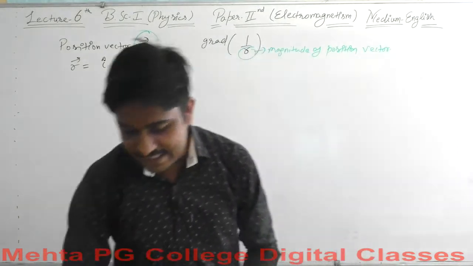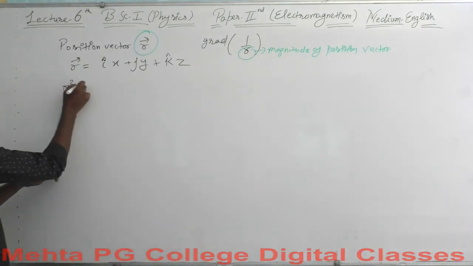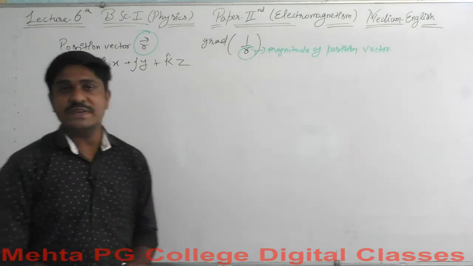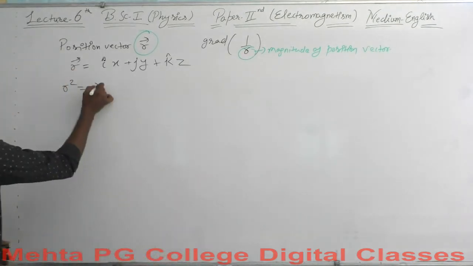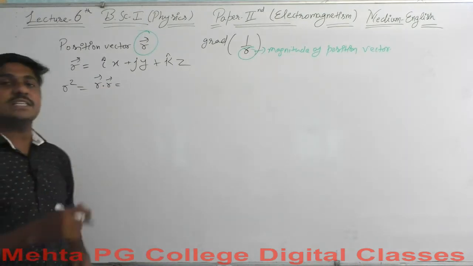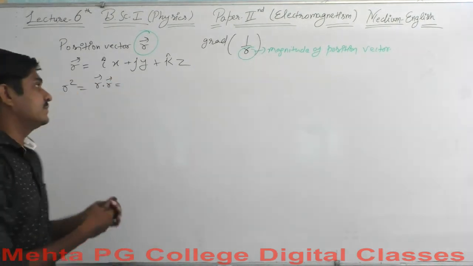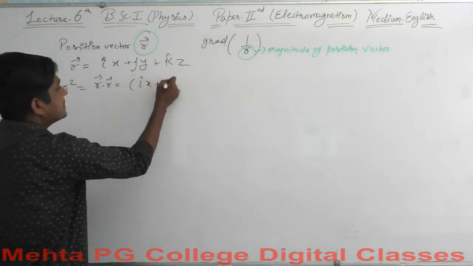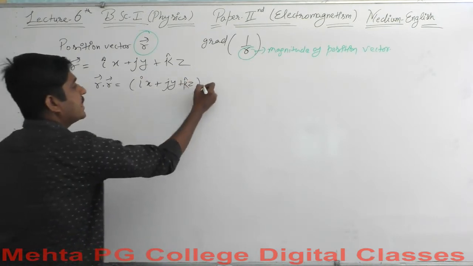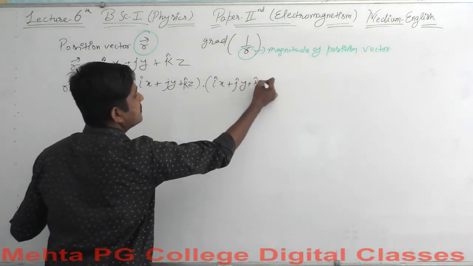If you remember the law for this vector, r square is the scalar multiplication of the vectors, r vector dot r vector. Let me say i cap x plus j cap y plus k cap z dot i cap x plus j cap y plus k cap z.